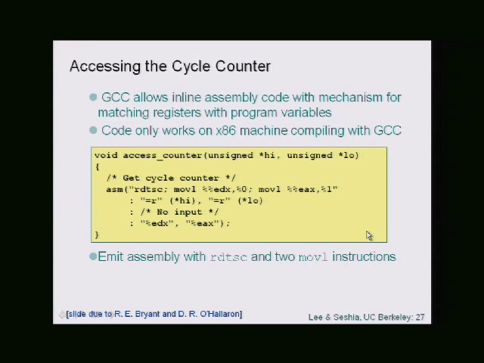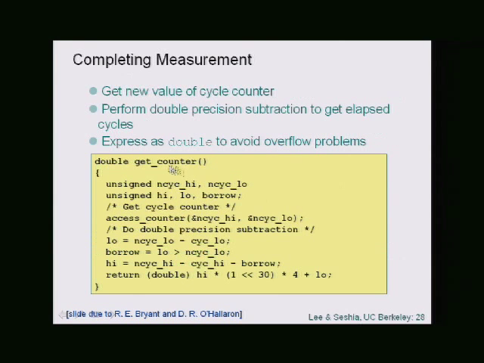If the old values were in cycle low and cycle high, then this is the way you can compute it. The details of this slide are not that important because it has to do with 32 versus 64-bit. But if you have a 64-bit machine, then you probably don't have to do this, and you can just do a single read and a single move, and you'll be done.